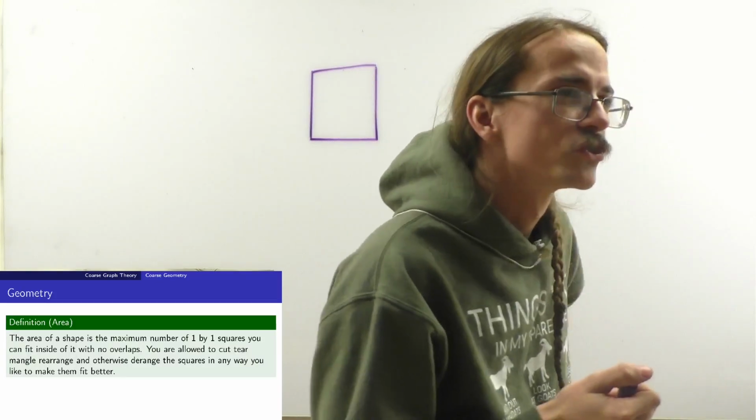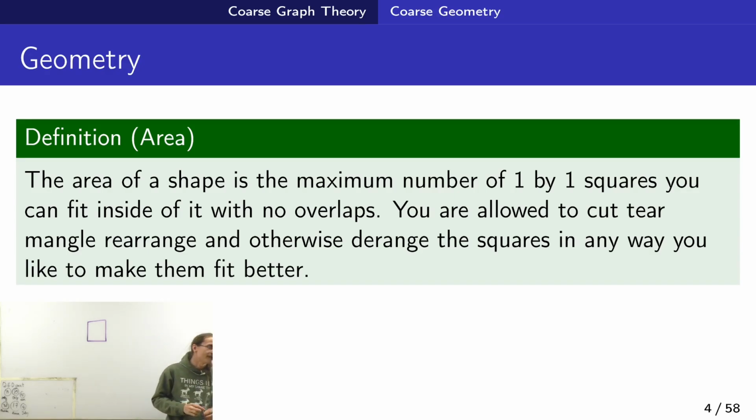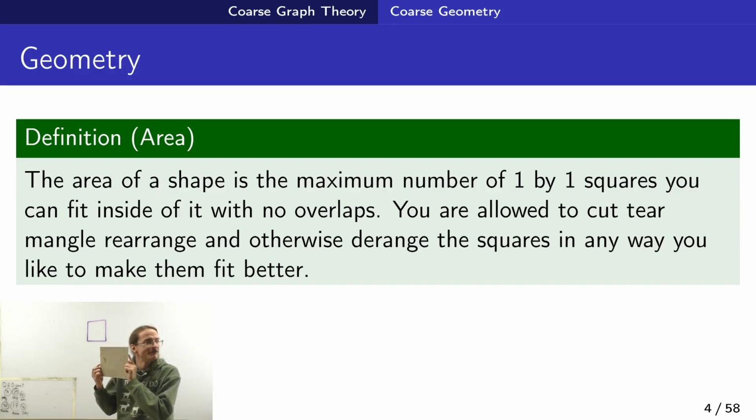What tools do we possibly have access to that we could use to think about how many 1 by 1 squares I can fit inside of this 1 by 1 square? We have 1 by 1 squares. Beautiful. Okay, now how many of them can I get inside of there?